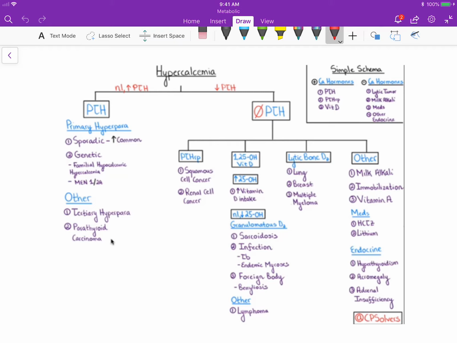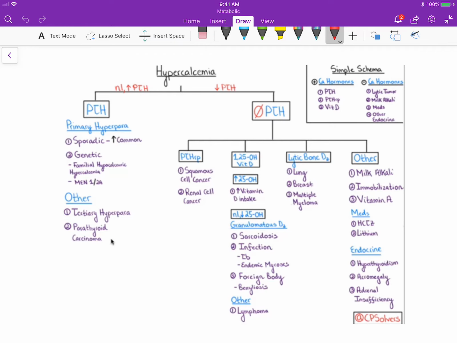And a lot of times patients are not going to have your typical bones, groans, moans, and psychiatric overtones unless they have a very elevated calcium level, which again would typically favor some sort of malignancy or granulomatosis. So if a patient has, say, constipation, then after getting labs, definitely think about hypercalcemia.